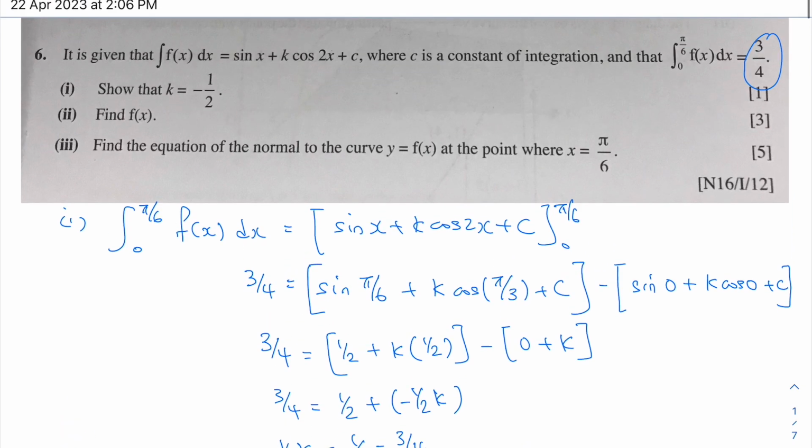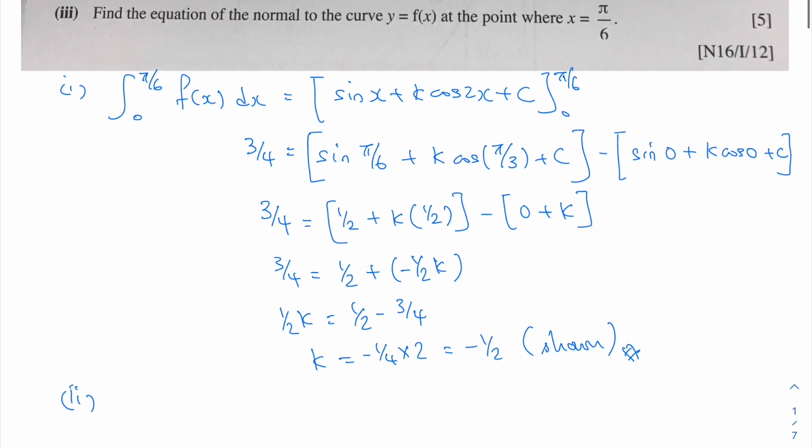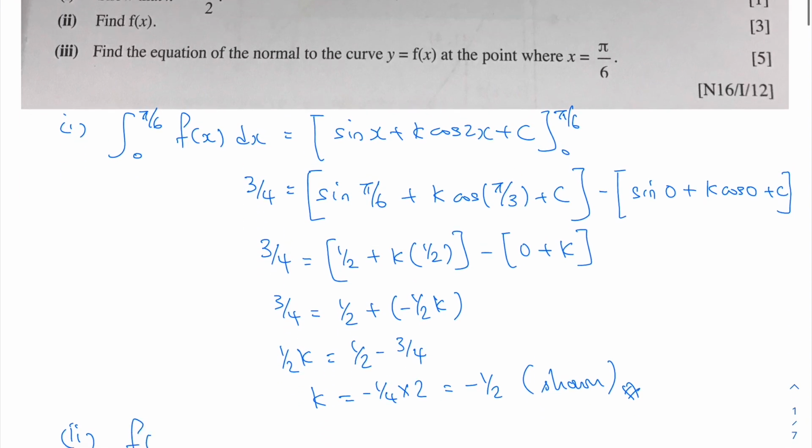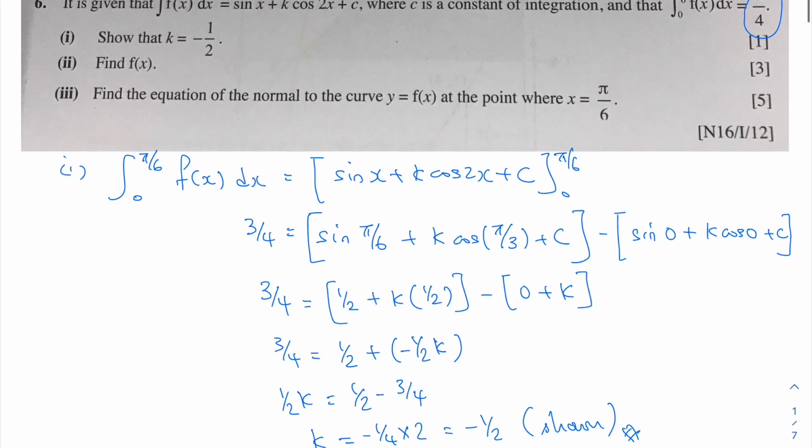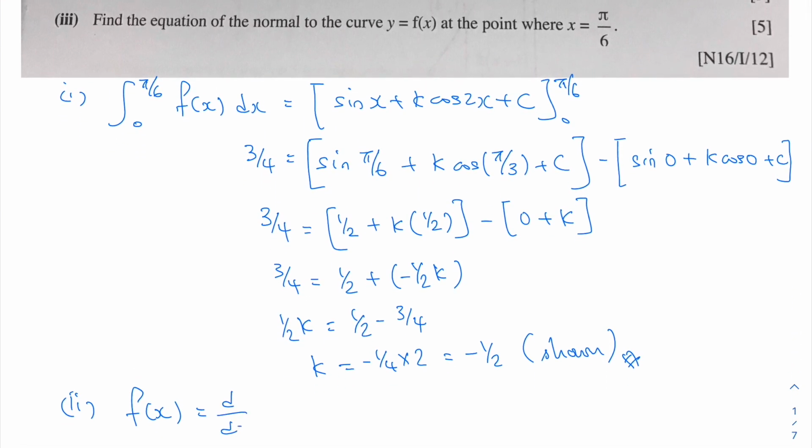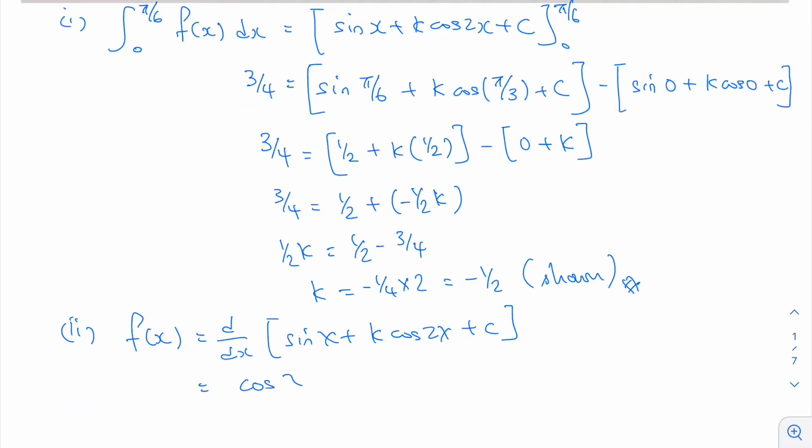Part 2. Find f(x). So f(x), in fact, is differentiating this function sine x plus k cosine 2x plus c. That gives you cosine x plus 2k negative sine 2x.